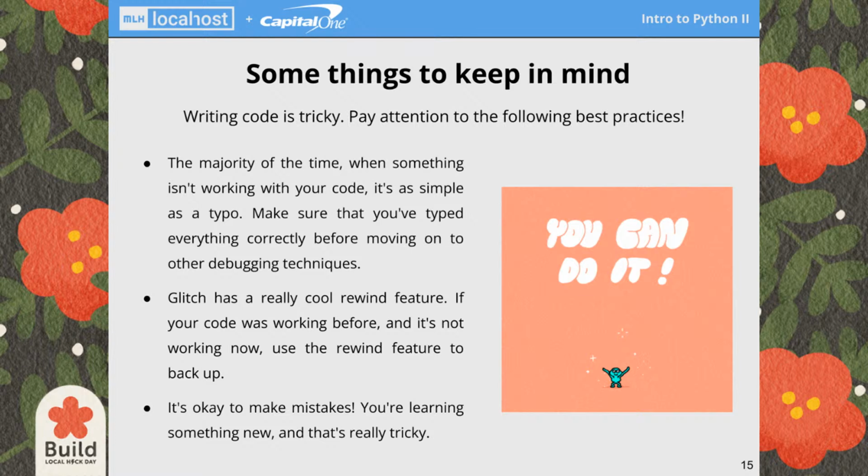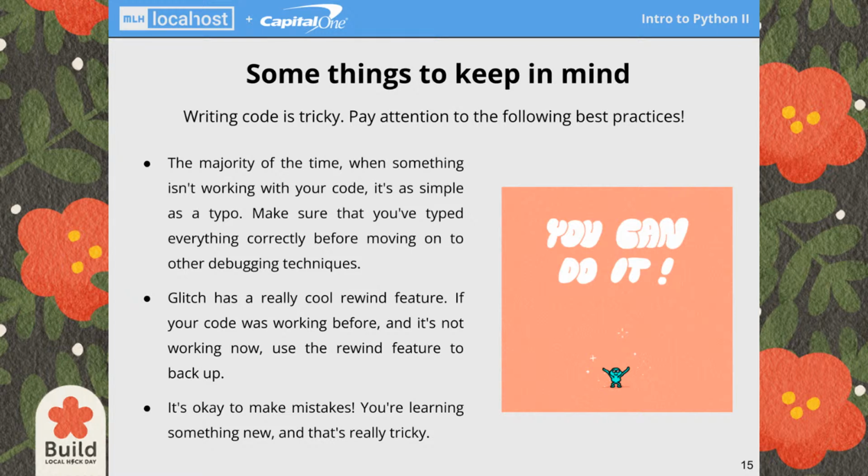But you want to make sure that you didn't miss a closing parenthesis or something like that. Because I've definitely been there, and I'm sure other people have too, where you spend all this time on a bug, and it's really just because you had a typo in there. So try to avoid typos and proofread to get them out of there before you move to other debugging techniques.